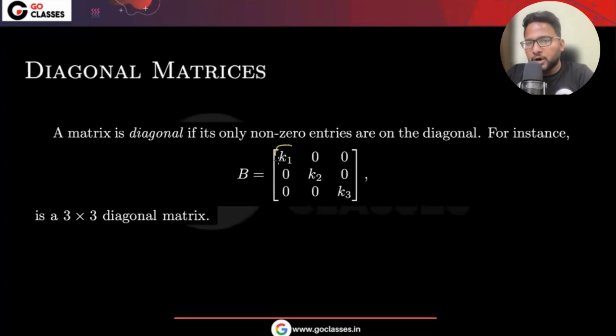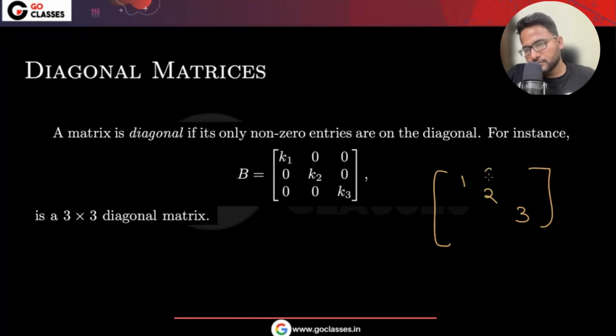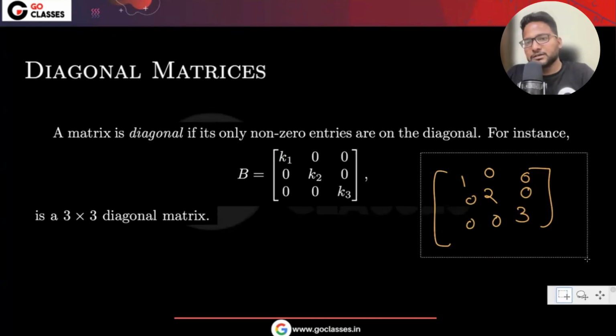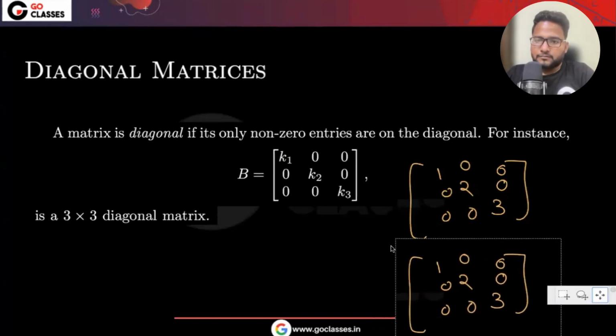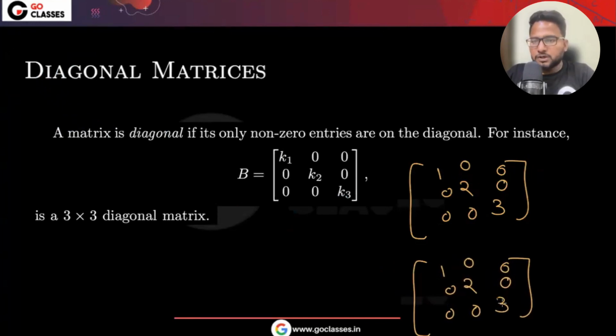Now you know what a diagonal matrix is, right? How many of you know what a diagonal matrix is? Apart from the diagonal, all the elements are zero. That's called a diagonal matrix, right? Is this a diagonal matrix? Yes, right? Tell me, is this a diagonal matrix? Suppose instead of three, I just have zero here.